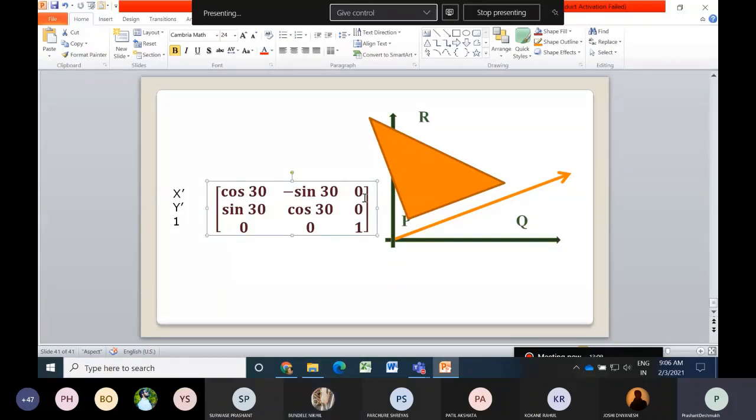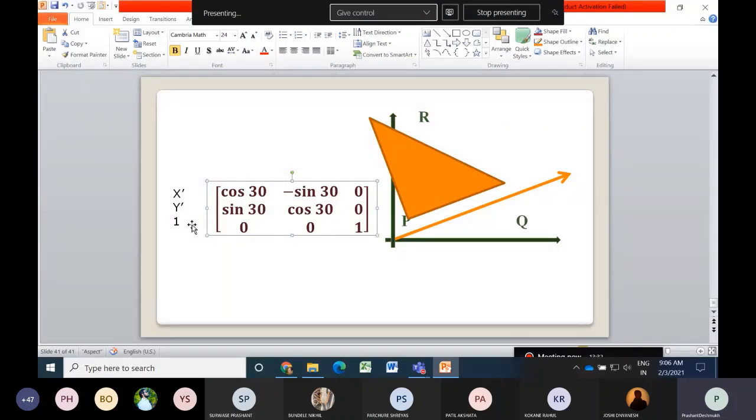In a homogeneous format, instead of taking a 2 by 2 matrix, we take a 3 by 3 matrix. There are different logics and different considerations about this. We will see this in homogeneous formats.